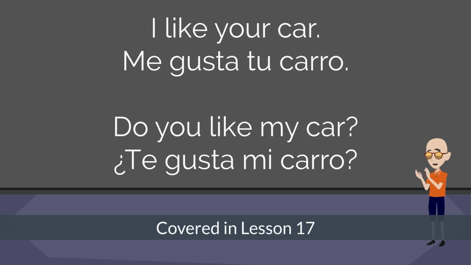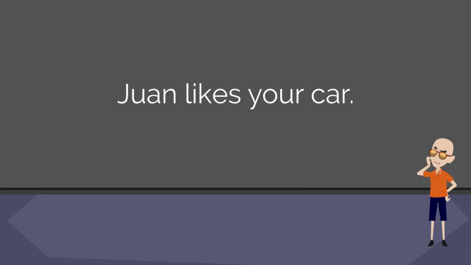Well, now today we're going to start to build on what we learned in the last lesson, and of course it's going to work in everything else. We're going to talk about third parties. Ready? Take a look at this sentence. Juan likes your car. Now, the your car part shouldn't be a problem because we literally just covered it seconds ago. But how would we translate this sentence into Spanish?